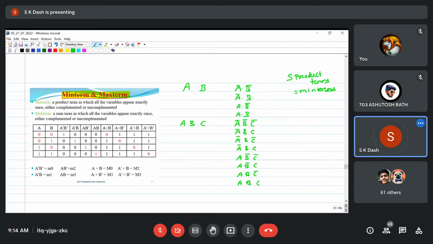Now let us concentrate first on these 2-input standard product terms. So I have 2 inputs A and B. How many input combinations will be possible? A can take 2 values, 0 and 1. B can take 2 values, 0 and 1.